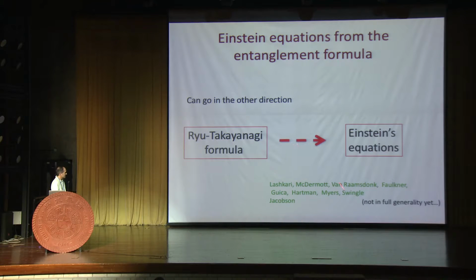Now, this has not been done with full generality. It's been really done in cases where you know the boundary modular Hamiltonian for some reason, and that can be done when you are considering states which are close to the vacuum.